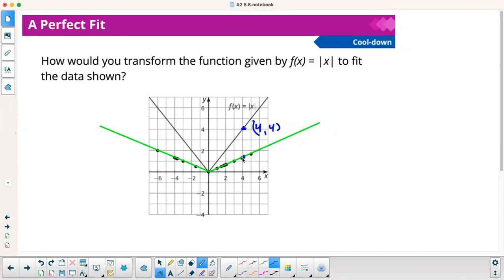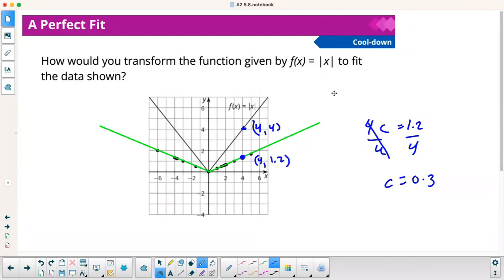This point here, the x coordinate would stay the same. The y coordinate looks like 1.2. I'm going to say, okay, 4 times what number gets me down to 1.2? Well, if I divide, I can find my number. And my answer is 0.3 or 3/10.